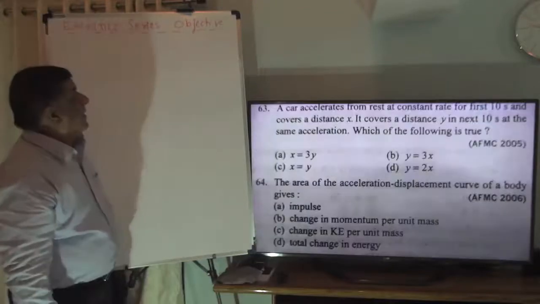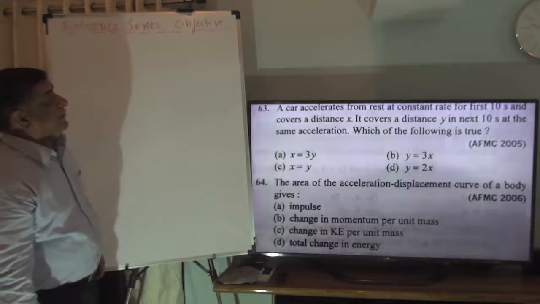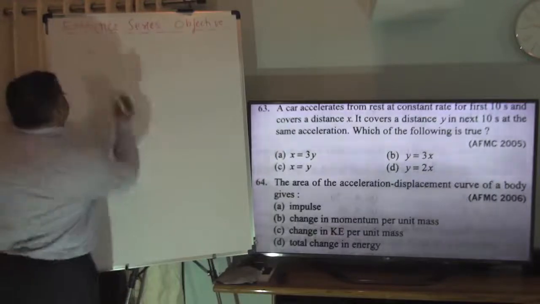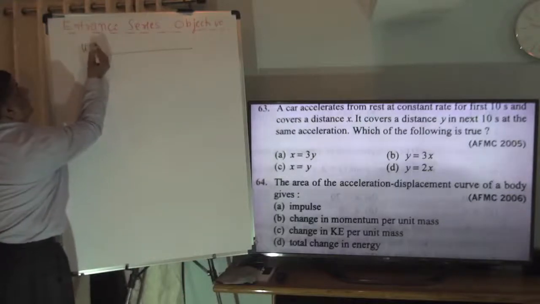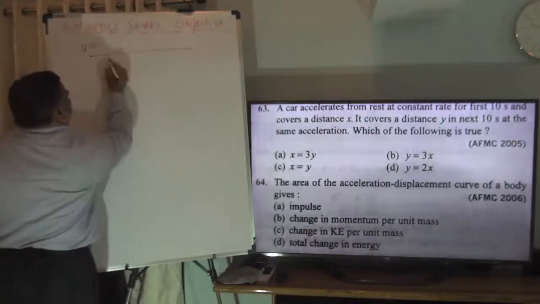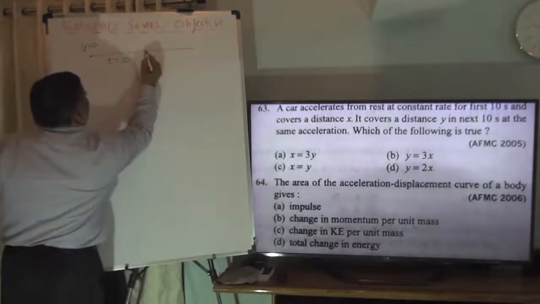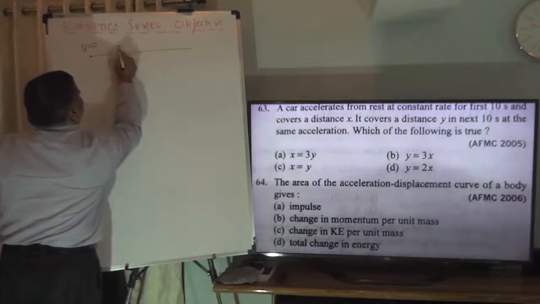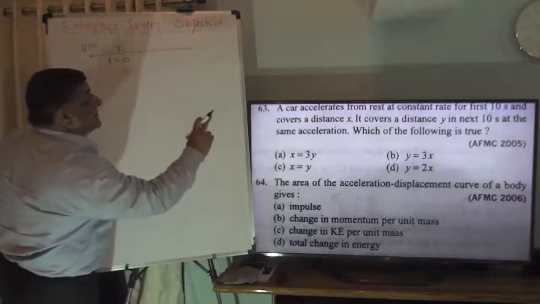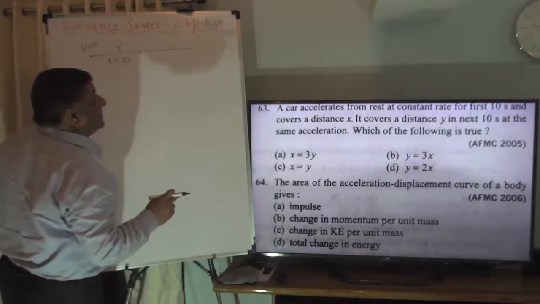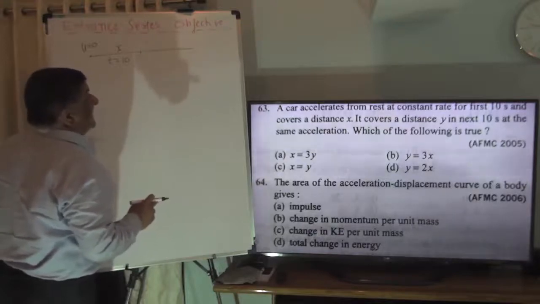Examine it. A car accelerates from rest at a constant rate for the first 10 seconds. A car starts here, u is equal to 0, t is equal to 10 seconds, covers a distance of x. The car accelerates at a constant rate for the first 10 seconds.